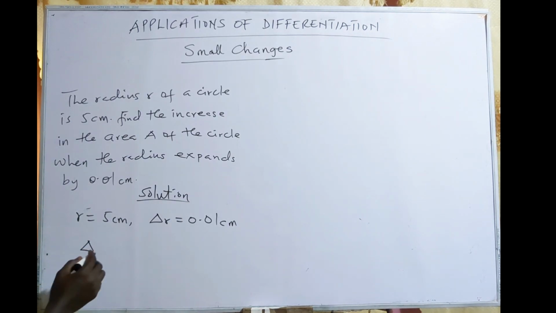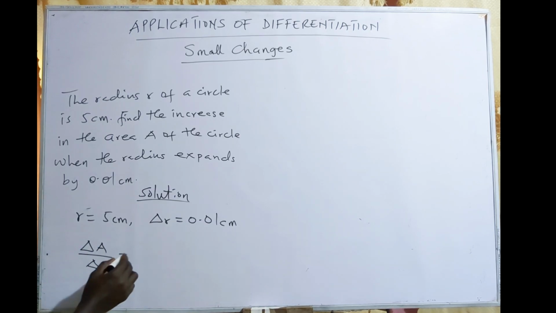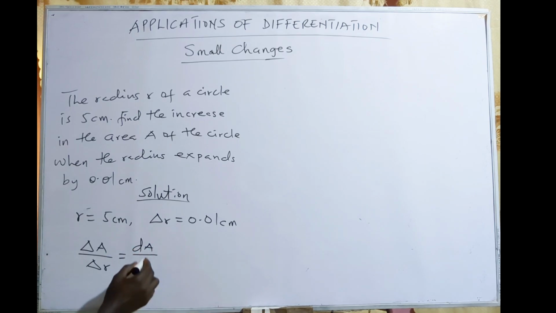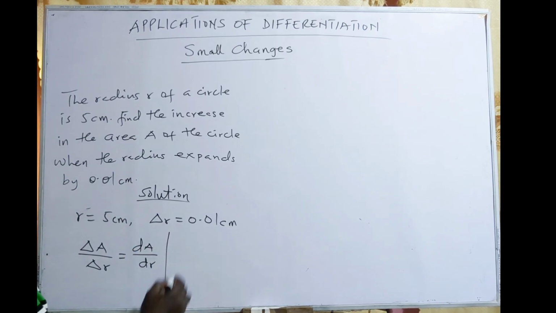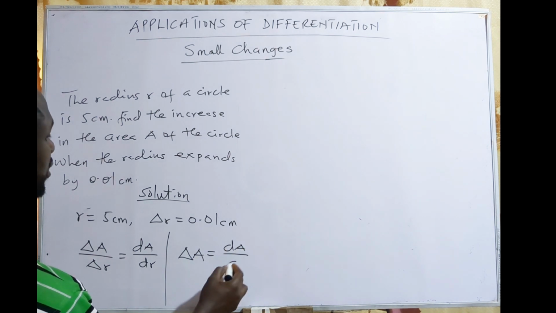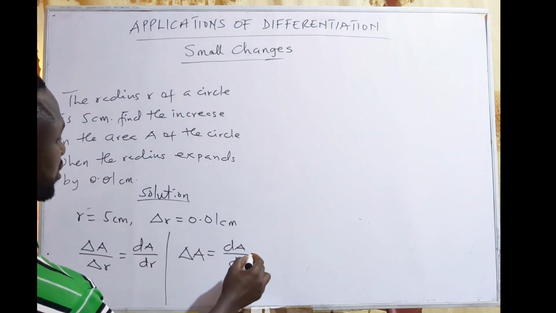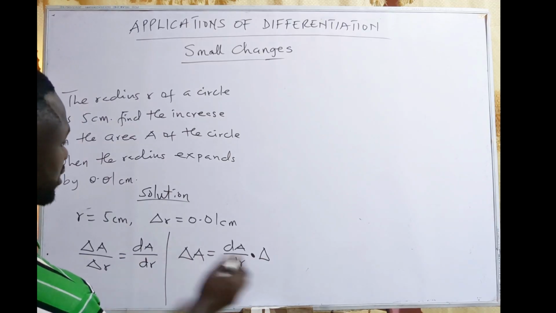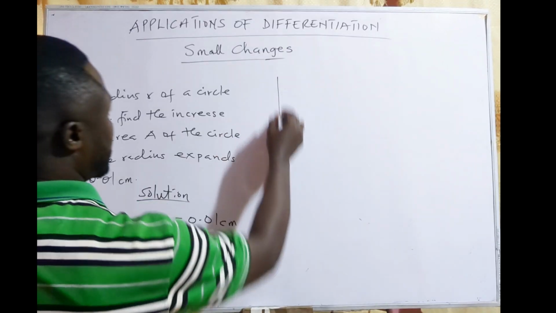So that is the change in the area over change in the radius is equal to dA on dr. And I can say that the change in the area is equal to dA on dr multiplying the change in the radius. Alright.